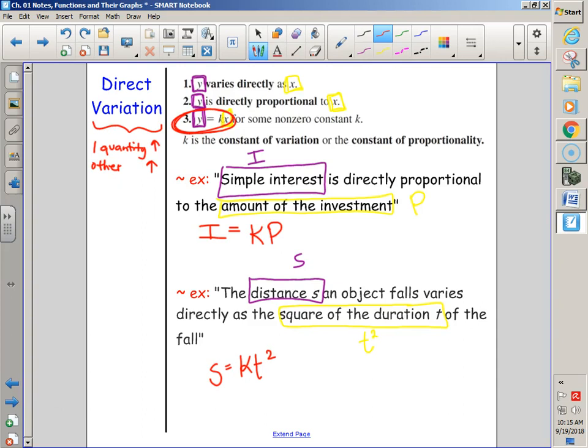What can be an example of this? If one goes up, the other goes up. Say it one more time, Matt. Hopefully.